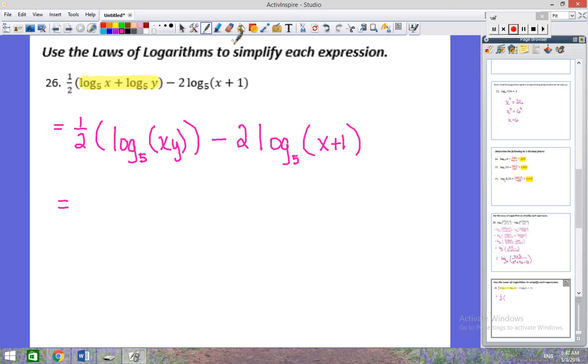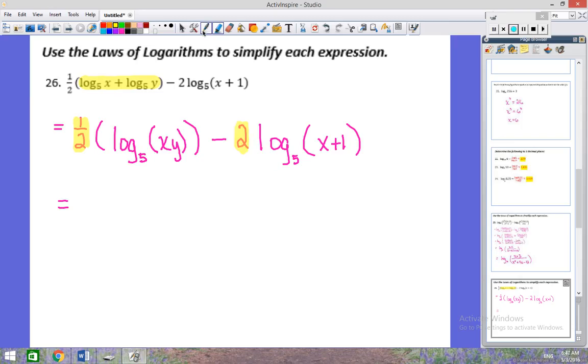Now I need to deal with these coefficients before I try to, with this minus sign, I know that I'm eventually going to be able to condense this to a single logarithm, log of the numerator minus log of the denominator. But that's only true when these coefficients, these values in front of the log, are 1.